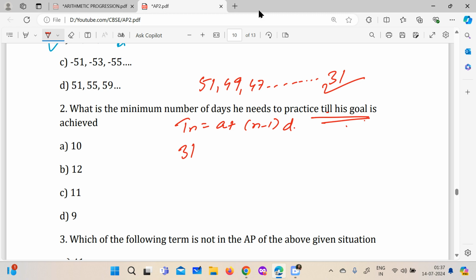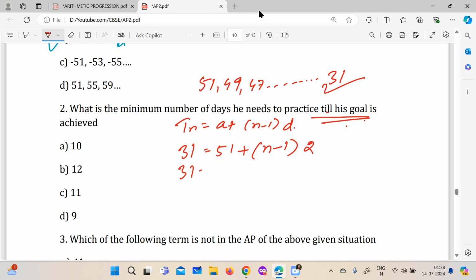So 31 equals a. A was 51, right? Because that was the time he was taking for the race. And then a plus n minus 1 into d. So the difference is 2.